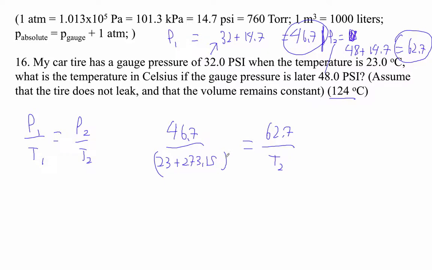All right, here we go. So I'm going to go 46.7 divided by parentheses 23 plus 273.15. And then I'm going to go 62.7 divided by that.